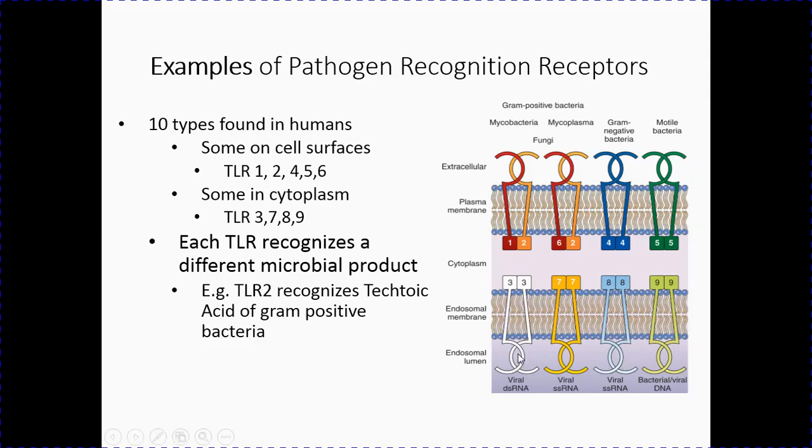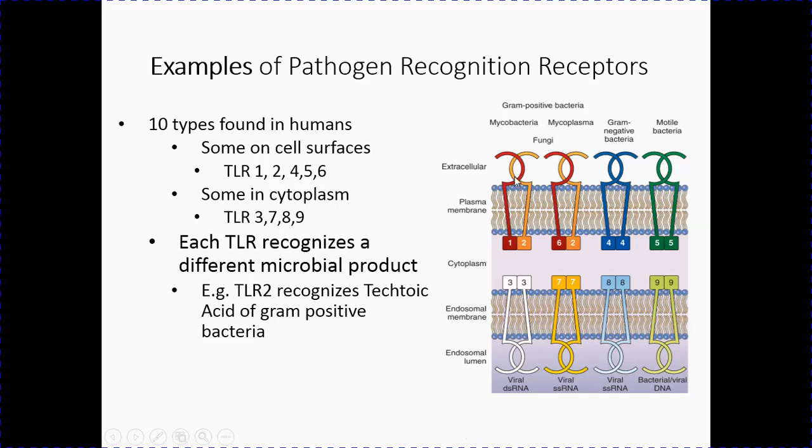They're a structure inside of the cell. The toll-like receptor 3 is looking for viral dsRNA. And so viruses are replicating and synthesizing inside of cells. And so the toll-like receptor, or the pathogen receptor, looking to see if it's foreign, is going to be inside.